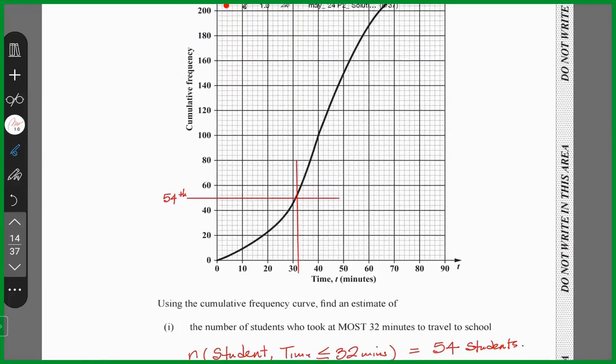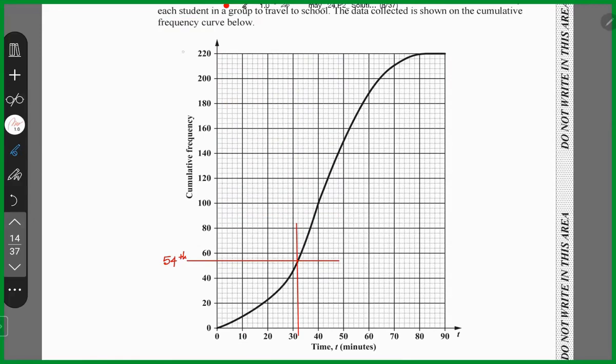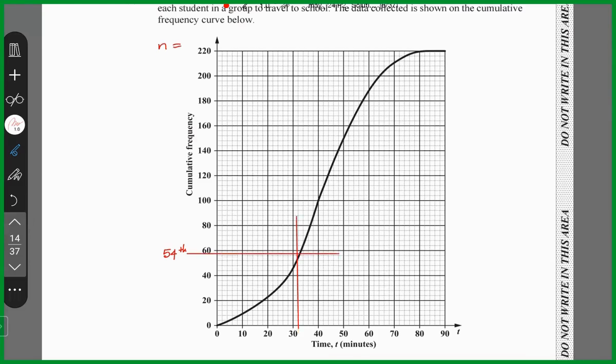Now, n is all the way up at the top here. So n is equal to 220. A quarter of that, 220 divided by 4, is 55.